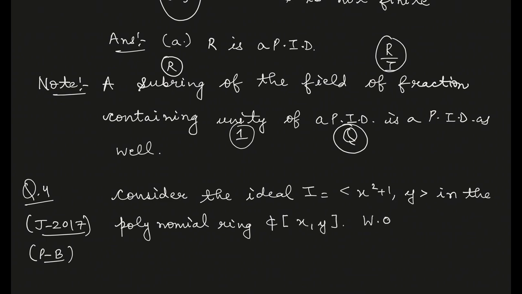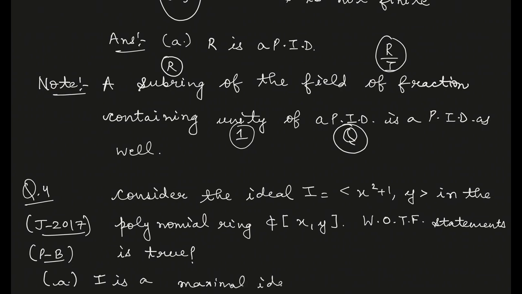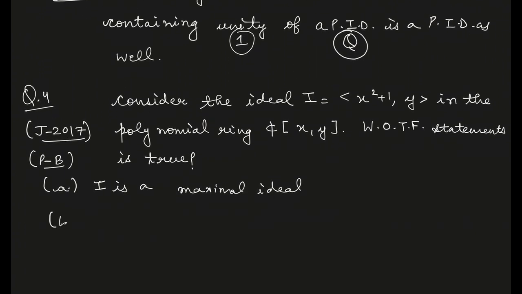Which of the following statements is true? Option A, I is a maximal ideal. Option B, I is a prime ideal but not a maximal ideal.